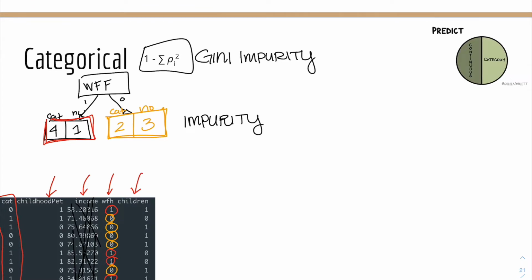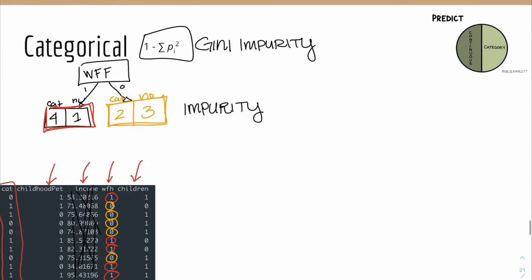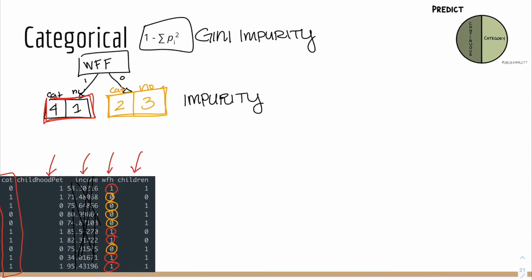This is a score that is going to tell us essentially how well the nodes split things into the correct categories. And you can see that it's going to be 1 minus the sum of the probability of each category squared. So let me show you what I mean.